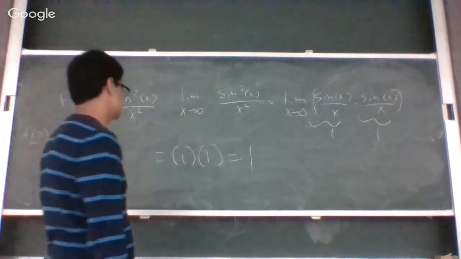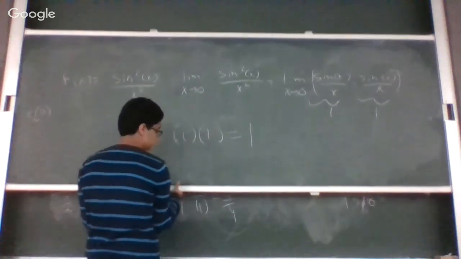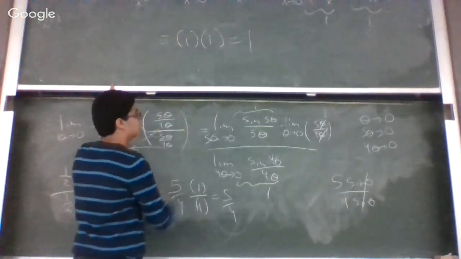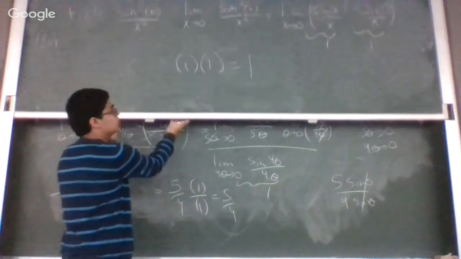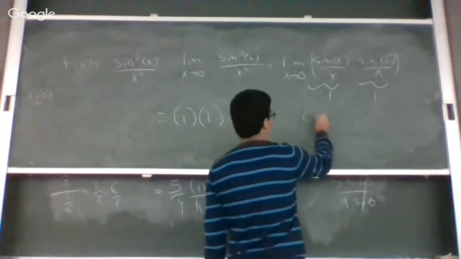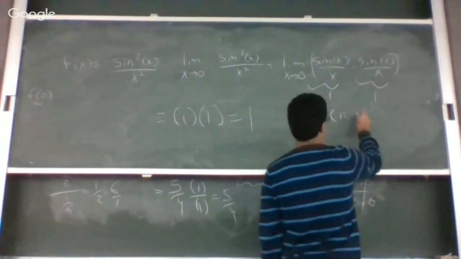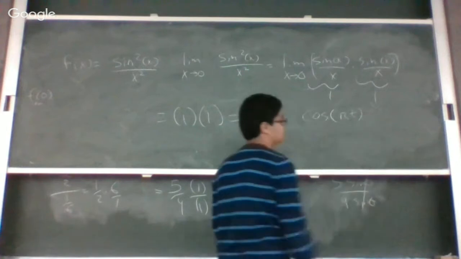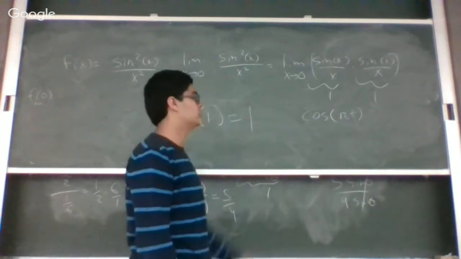All right. So you had, I'm just going to make this up, say cosine of pi t, right? What's the derivative of this?